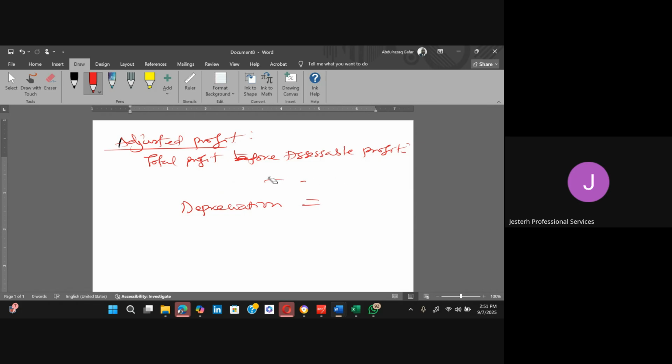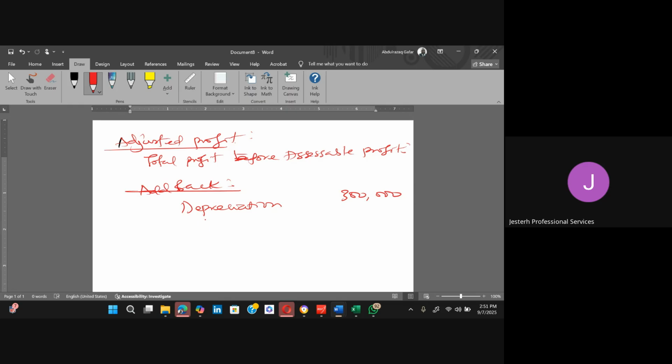You know, when we are working on adjusted profit to arrive at our accessible profits, right? So what we now need to do here is that we have our depreciation, the one that we need to add back. So we add depreciation of 300,000 back.